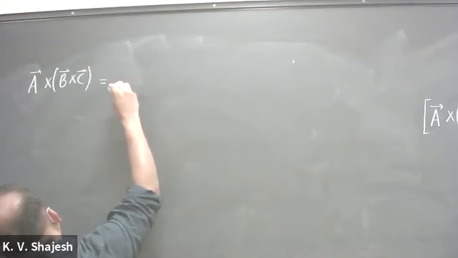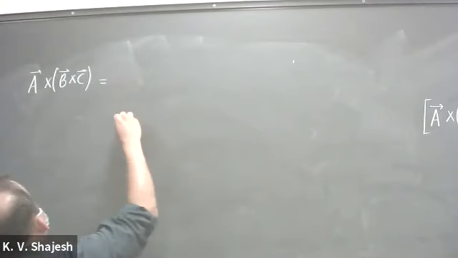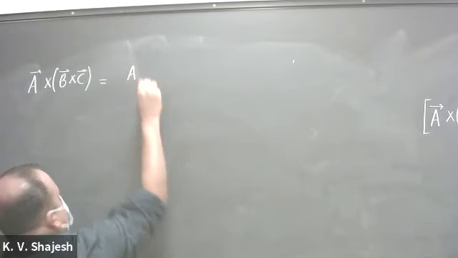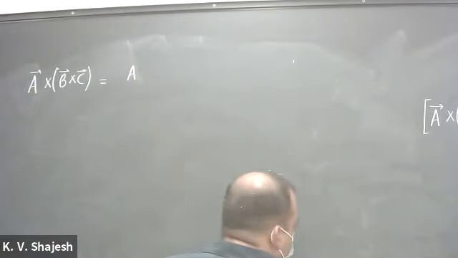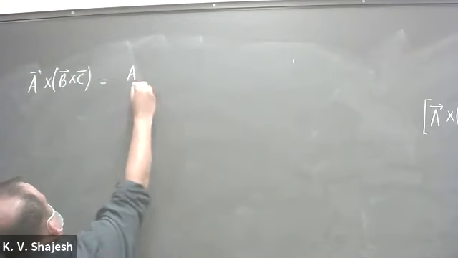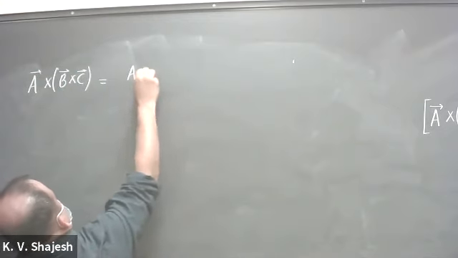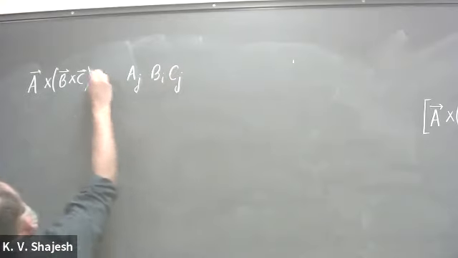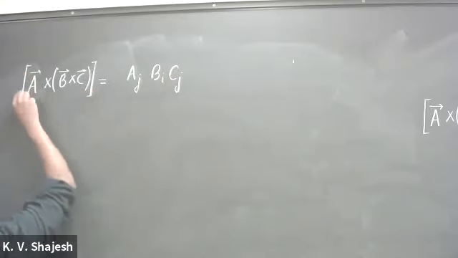This is equal to, let me write this properly. Let me go back and not do this step here. So this is, let's say, the ith component.